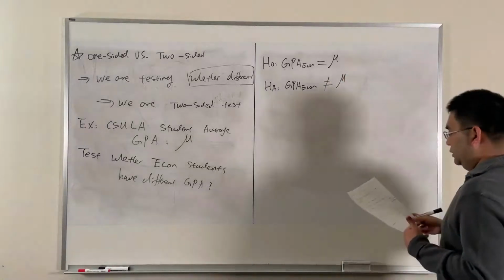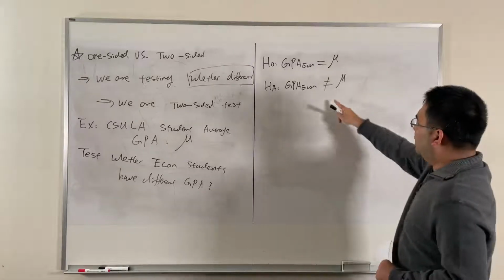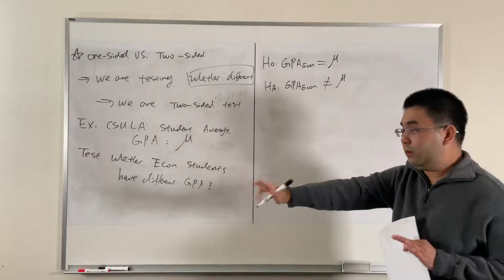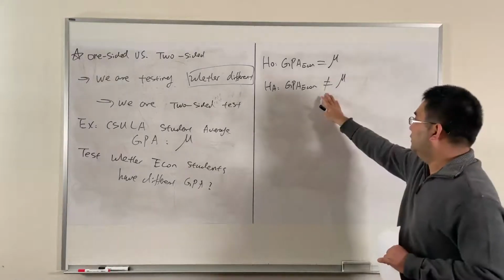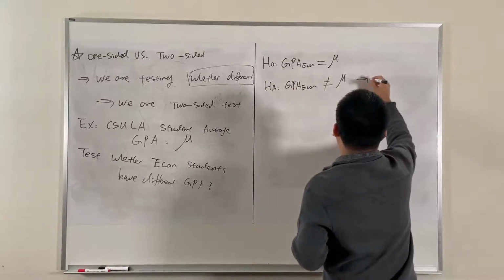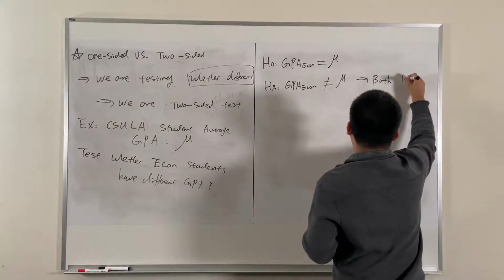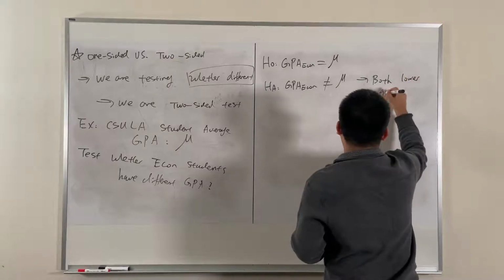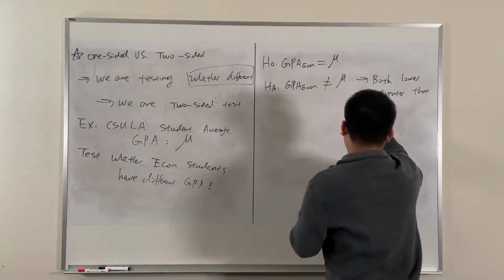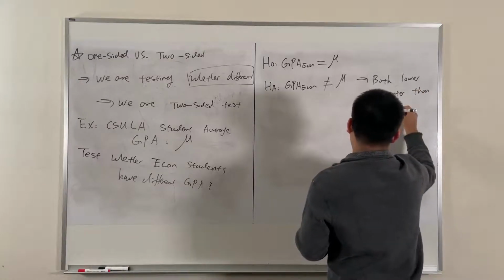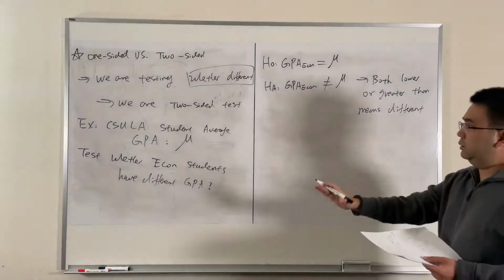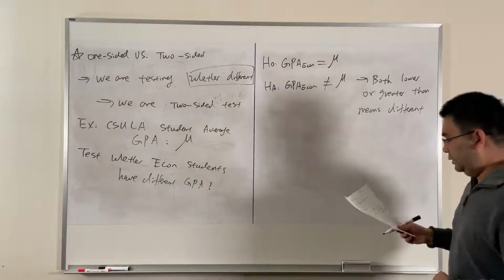Okay. So in this case, when we put a not equal sign, it means that if the econ student GPA is lower than mu, different. If it's higher than mu, different, right? So both lower or greater than means different, right? So in this case, we're doing a two-sided test. Lower than or greater than are both different.